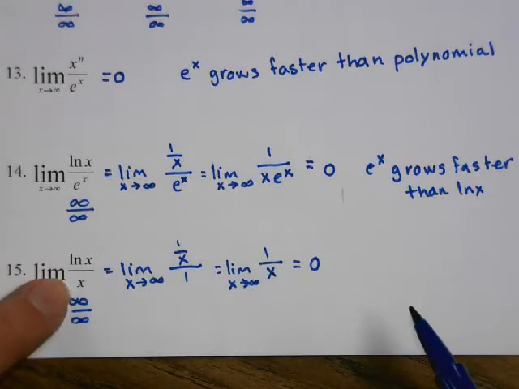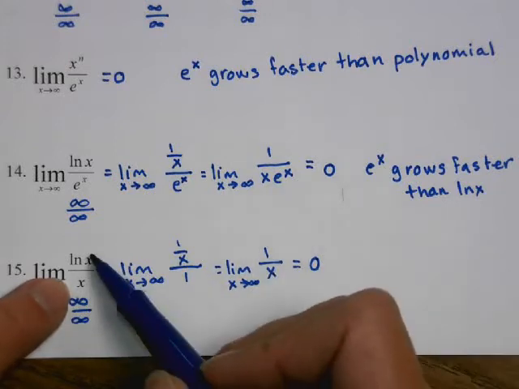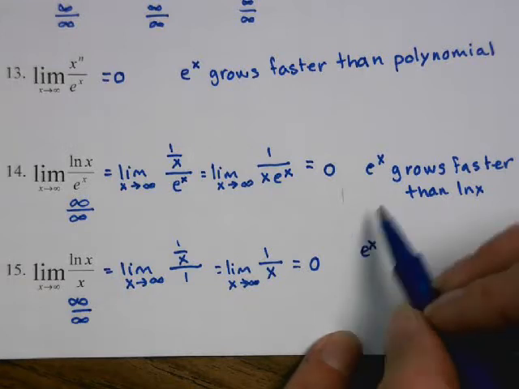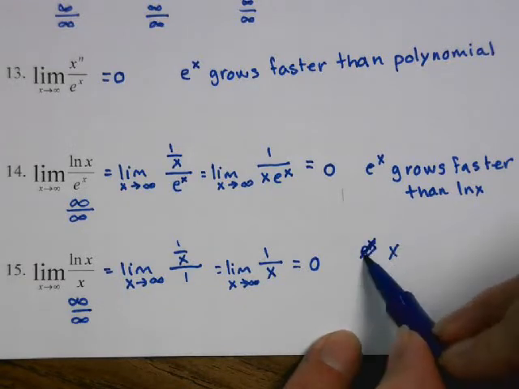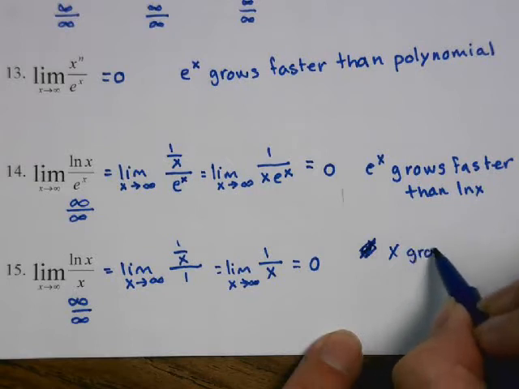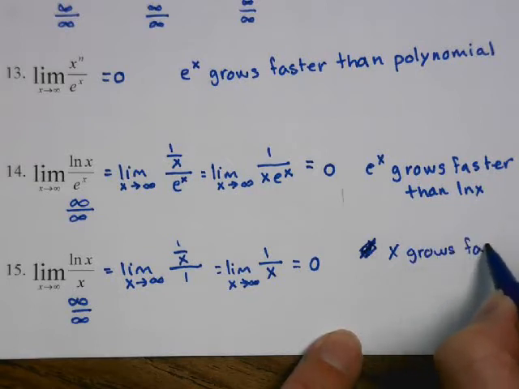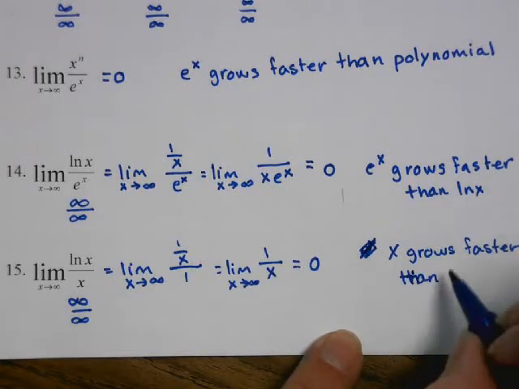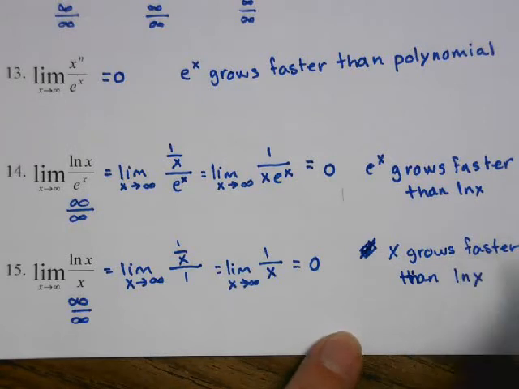You wouldn't maybe think that, because x doesn't grow particularly fast, but it does grow faster than logs. x grows faster than natural log of x. So we're going to summarize this on the next page.